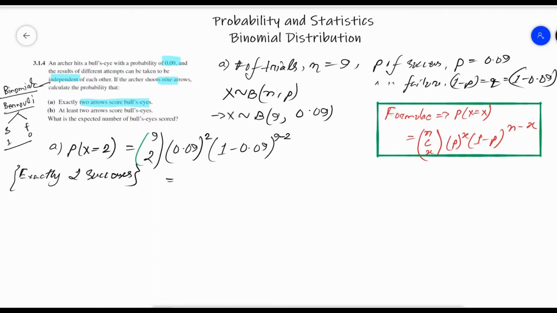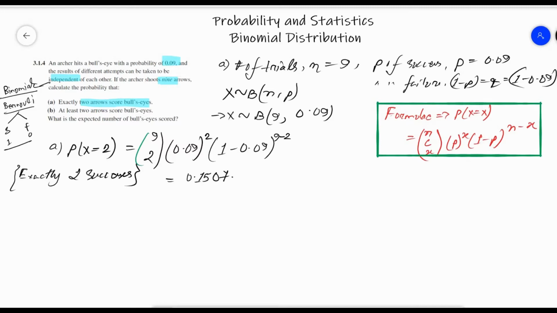So if we do the calculation, we'll end up with result 0.1507.